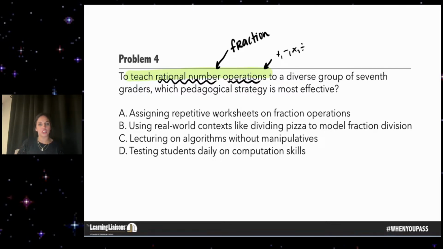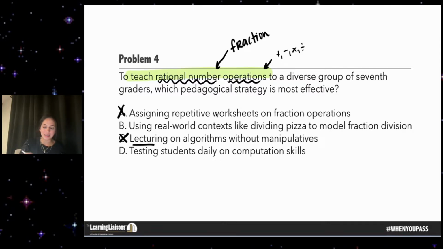Assigning repetitive worksheets is never going to be the most effective strategy. Using real-world contexts like dividing pizza to model fraction division. Lecturing on algorithms without manipulatives. If I'm lecturing without the use of anything else to support my teaching, that's definitely not going to be the best option either, because I'm not capturing all students in the involvement of these problems.